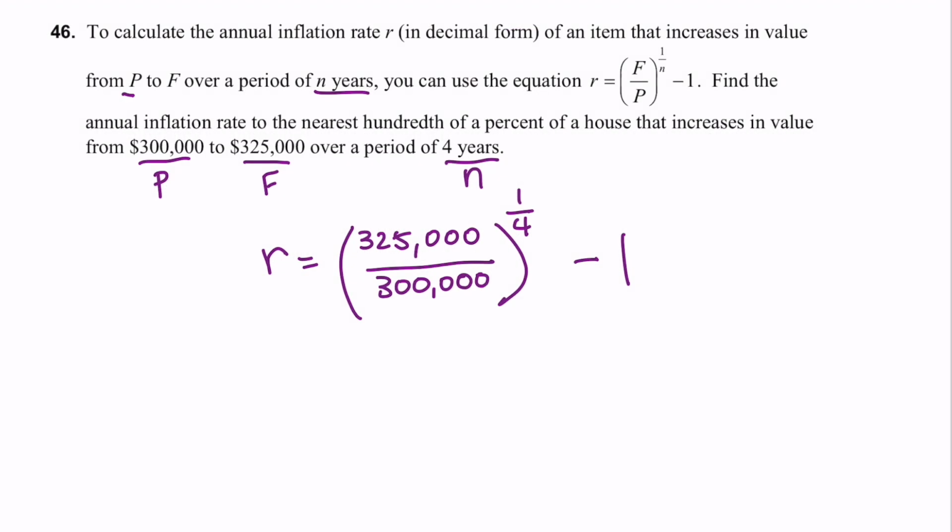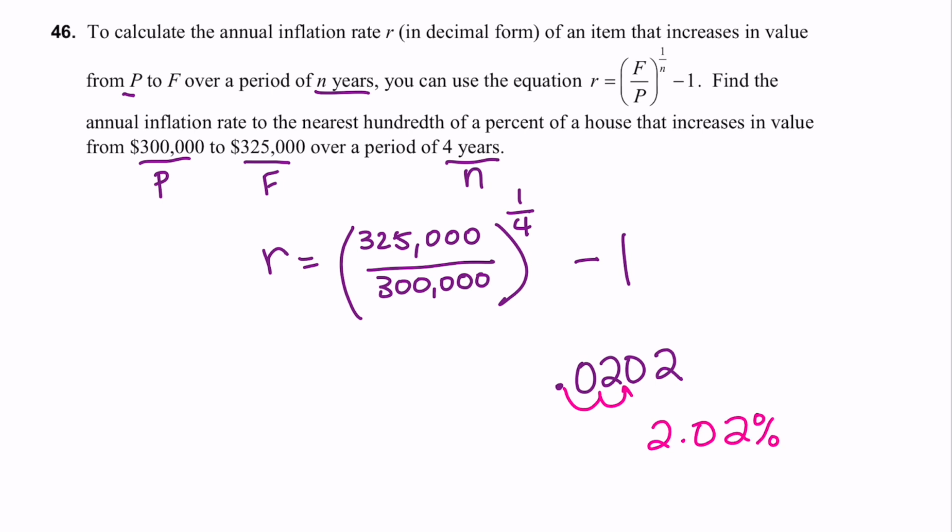Okay, and so we're looking for the interest rate. When we type this in, we're going to get 0.0202. This is in decimal form. To get it as a percent, we're going to take that decimal and move it 2 places to the right. This would be 2.02% inflation over that 4-year period.